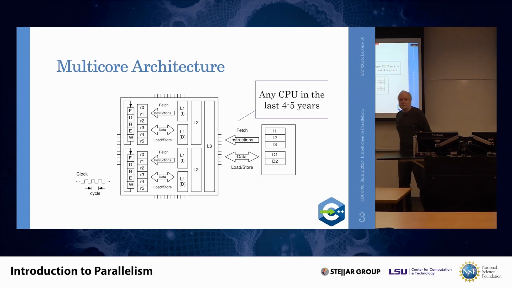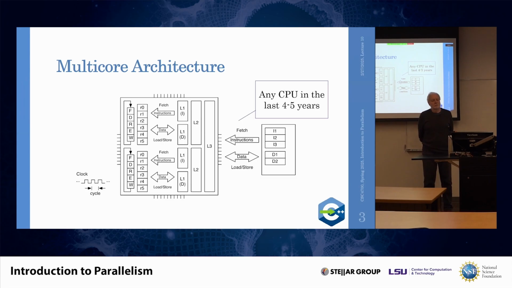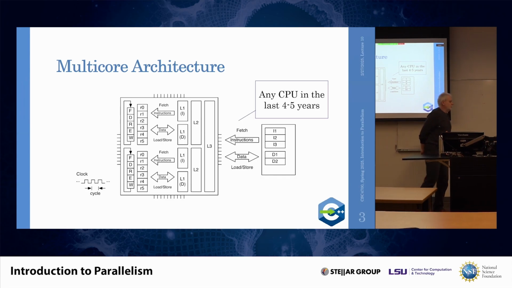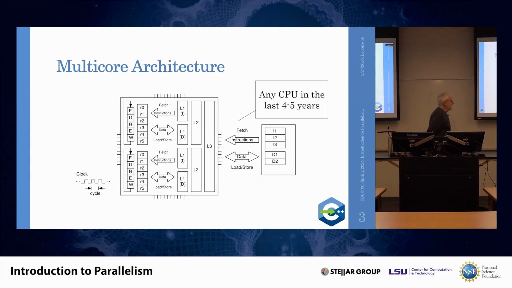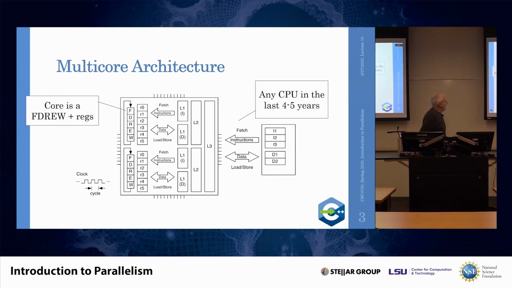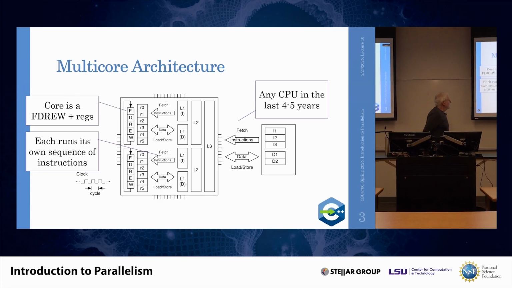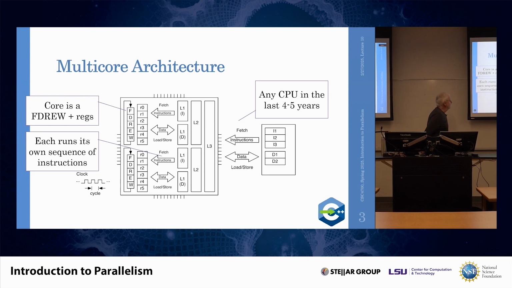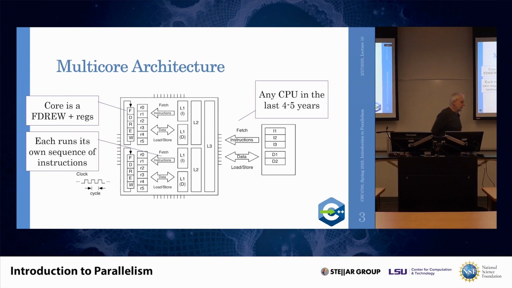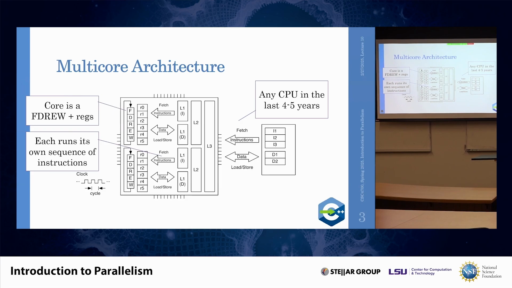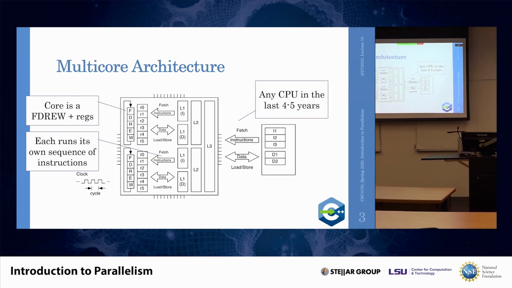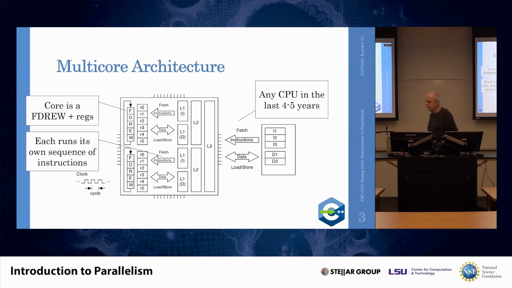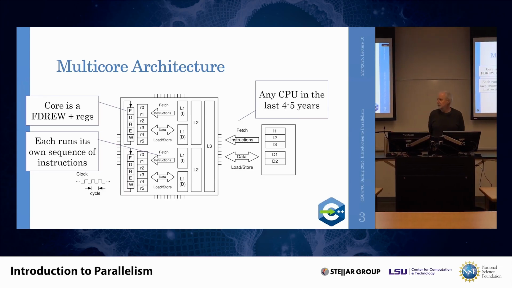All of the CPUs we have seen over the last years have essentially this structure, no matter what architecture, be it x86, ARM, RISC-V, and so on. Each of the cores runs its own sequence of instructions. On hyper-threading cores, you might even see that they run multiple streams of instructions, but with sublinear scaling, obviously.